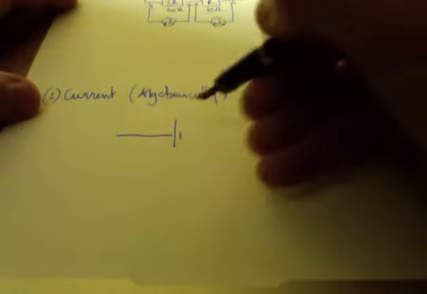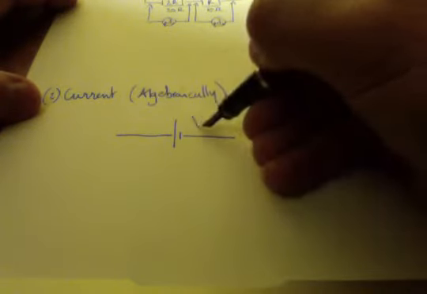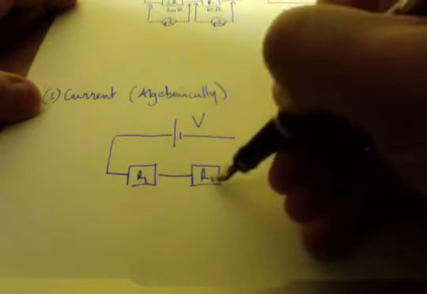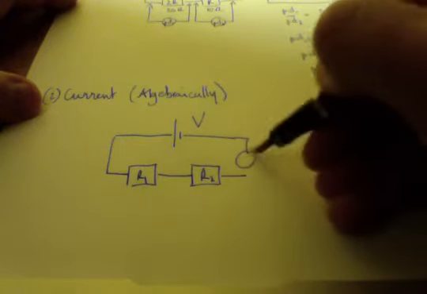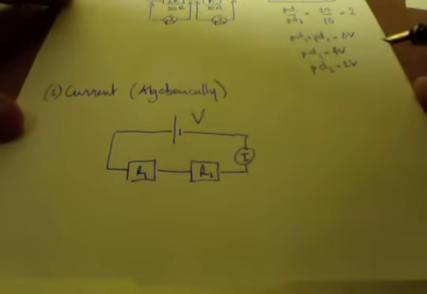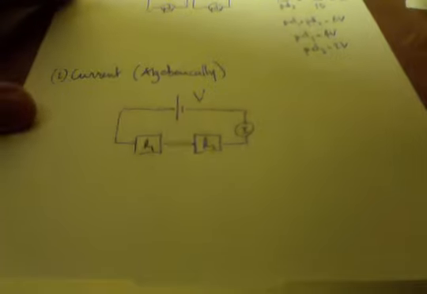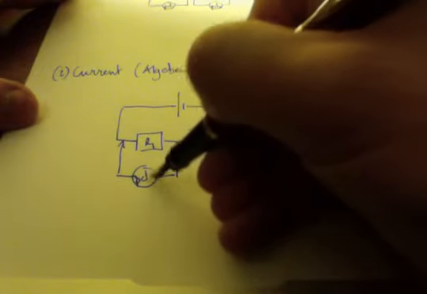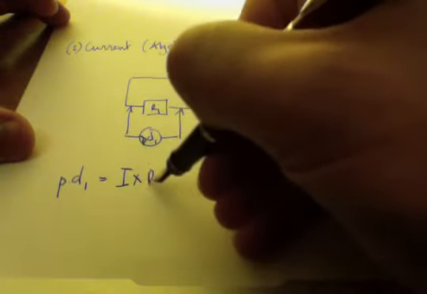In other words, rather than using actual known values, I'm just going to call this one V. I'll call this one R1, R2, and the current going through is I. Now, how did we work out the potential difference here? Let's call this PD1. Okay, PD1 is the same as current times resistance number 1.